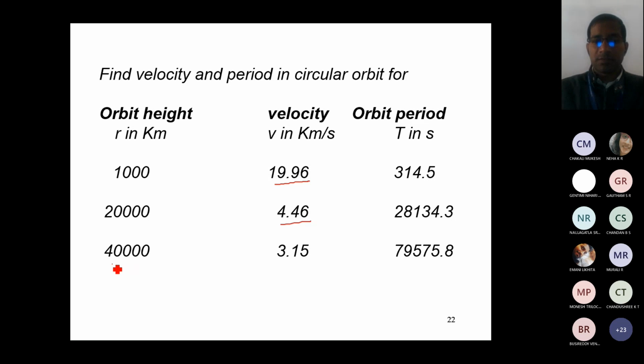When the orbital height is 40,000 kilometer, it is moving at 3.15 kilometer per second. So what do you mean by that? When satellites are moving in lower Earth orbits, close to Earth, they move at a very high velocity. But when satellites are located at a very high altitude, they move at very low velocity.